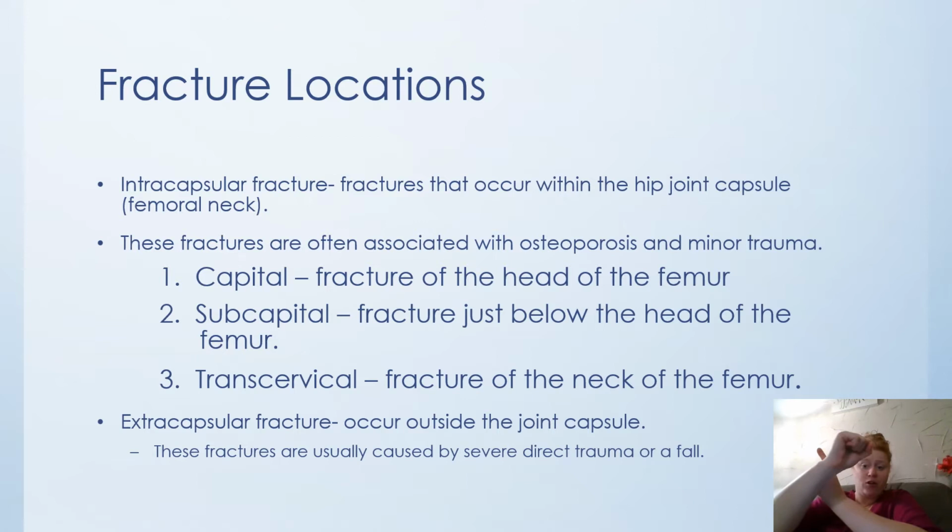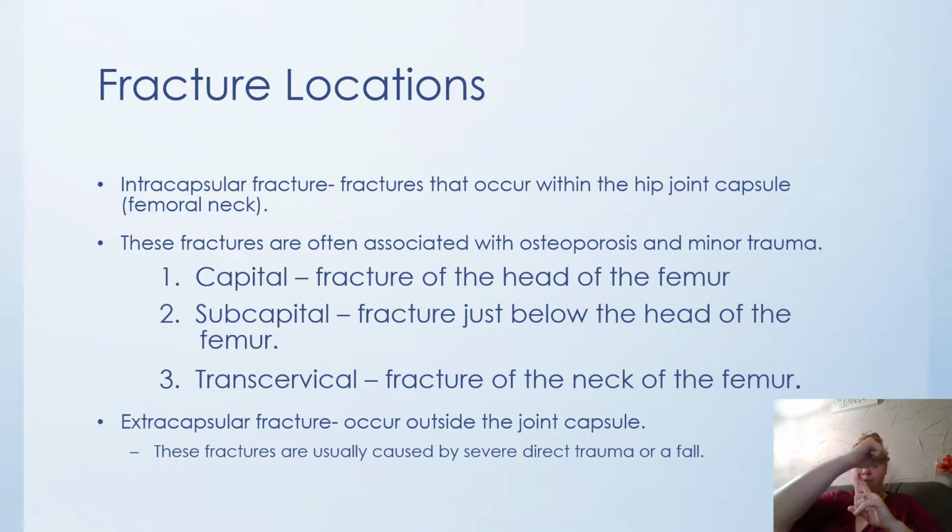Some of them happen on the greater trochanter. So intracapsular fractures happen within the cup. Then they can happen on the femoral neck too. These fractures are common with osteoporosis and minor trauma. If it's a capital fracture, it's on the head of the femur.